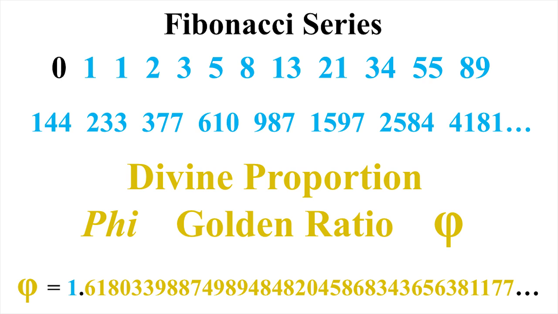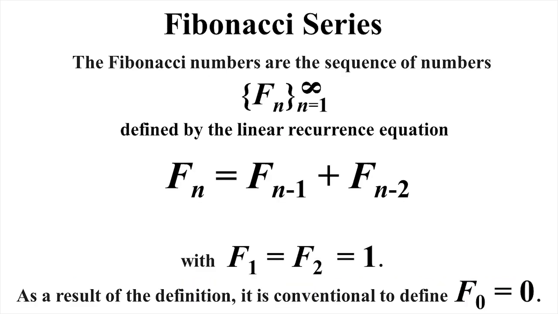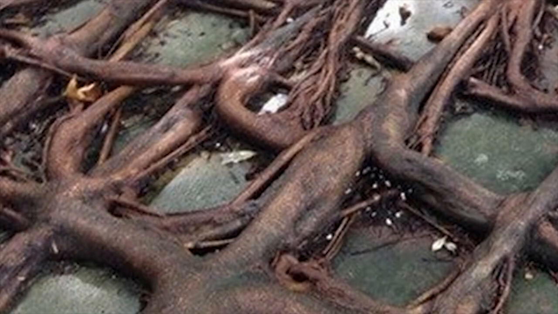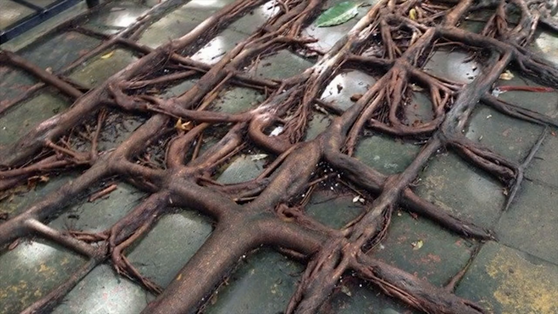Okay, mathematically, here's the official formula for mathematicians who want to know what we're doing here. That's how you generate this magic number. Okay, there are other ways to generate this magic number. One of them is this formula, the square root of 1 plus square root of 1 plus square root of 1 plus square root of 1, and you're just doing the square roots to infinity.